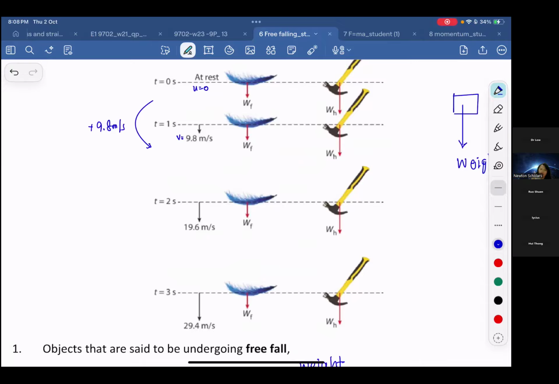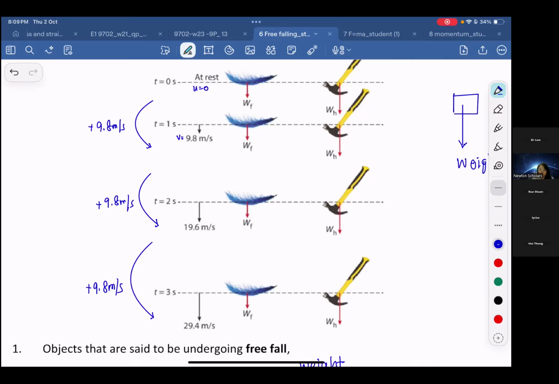From 1 second to 2 seconds, they again increase by another 9.8 meters per second. Then again increasing 9.8 meters per second. Boys and girls, can you see that every 1 second the speed increases? From 9.8 meters per second to 19.6 meters per second, to 29.4 meters per second. Every 1 second the speed increases.